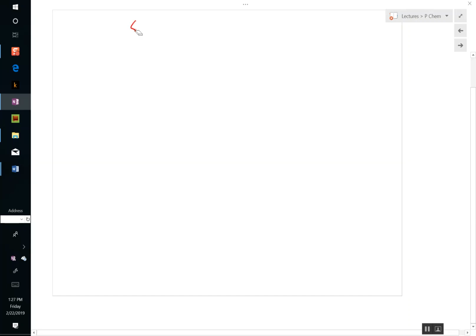So again, starting here with extent, we have the extent is equal to n_i minus n_i0 over this coefficient.